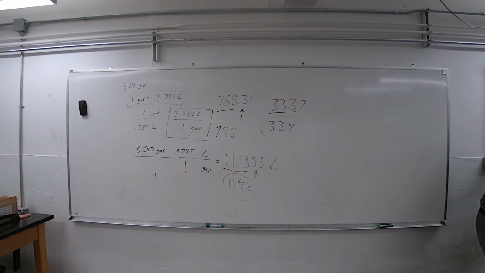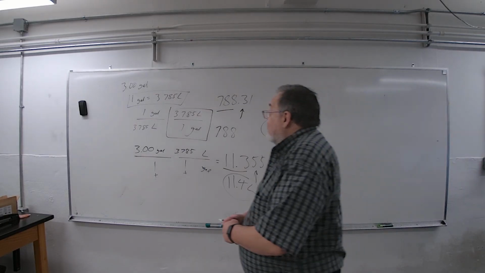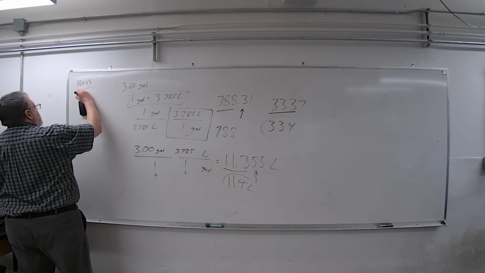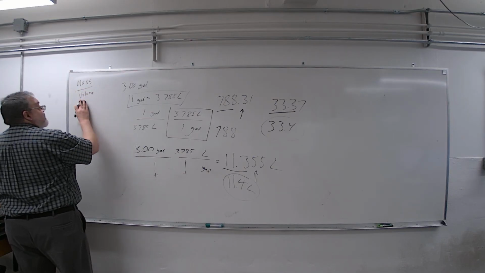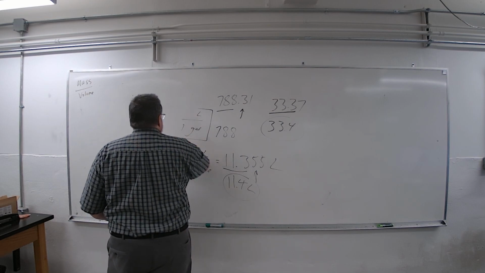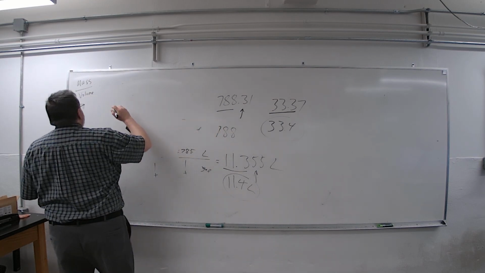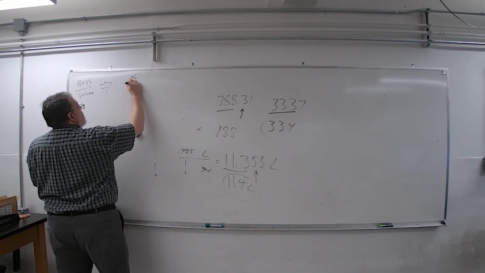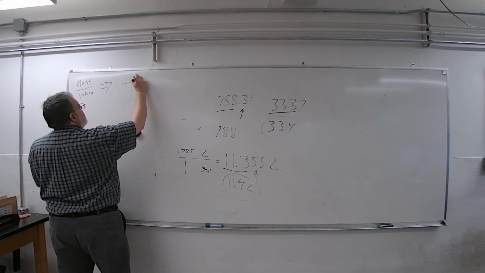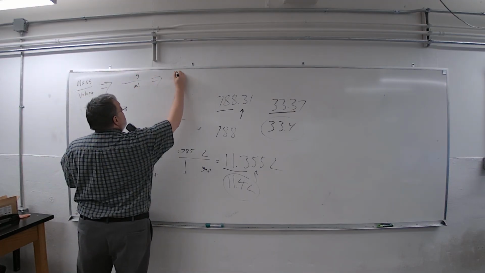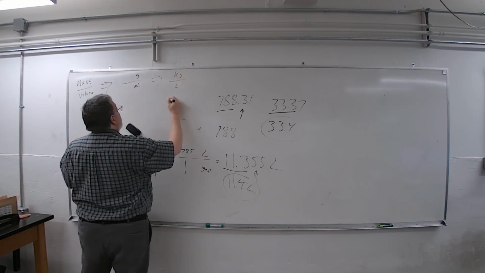Density, I didn't have this open before, but I meant to. Density in general is mass over volume. And in science, you'll either see it as grams per milliliter, or you sometimes see it as kilograms per liter.